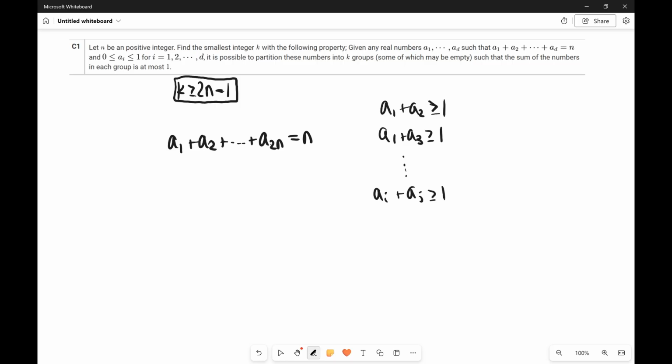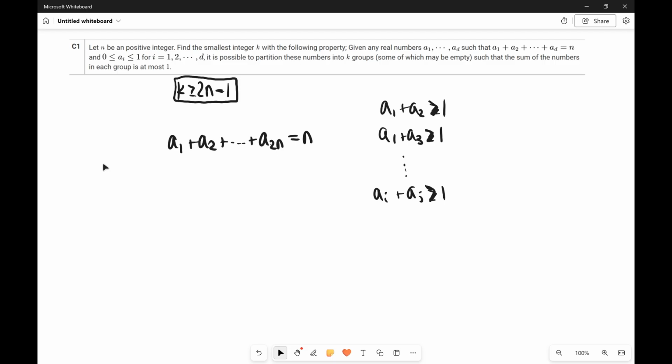Or it should be greater than 1, because it can be at most 1. So let's see what happens when we sum all these guys up. I'll remark later that you do not need to sum all of these up, but it's more motivated and natural if you sum everything up.